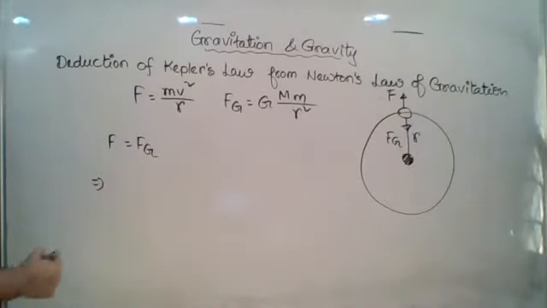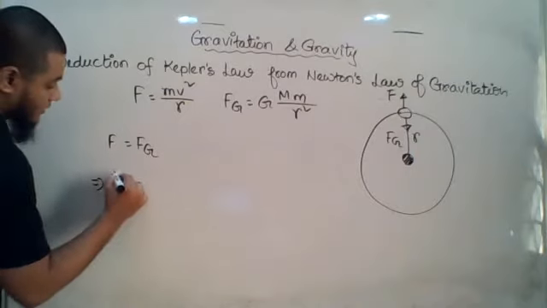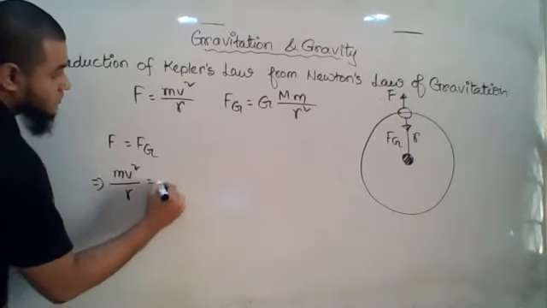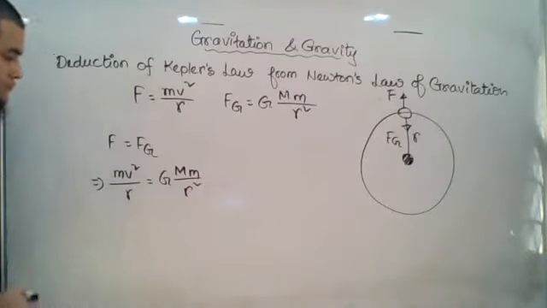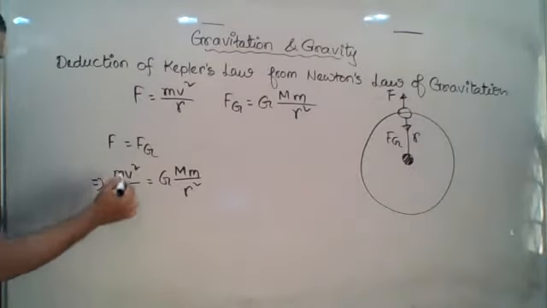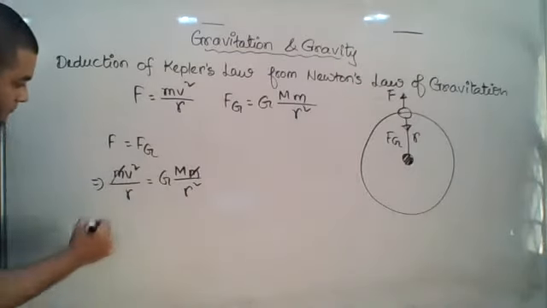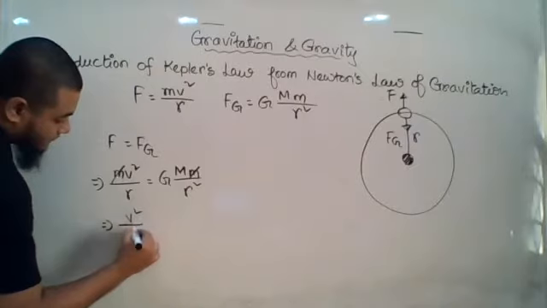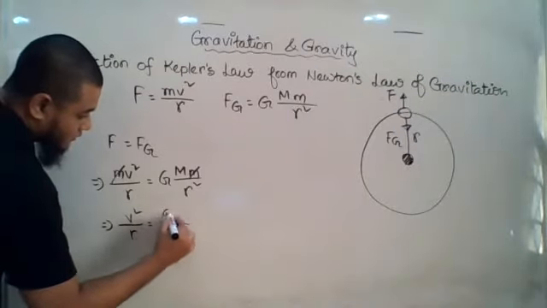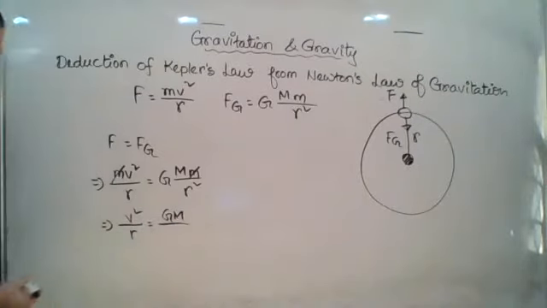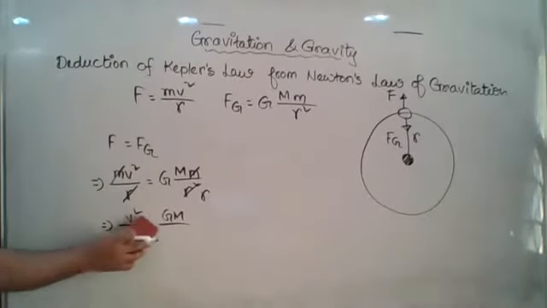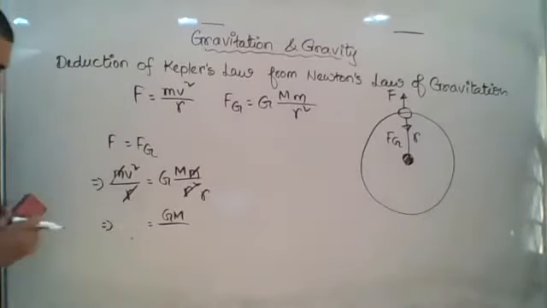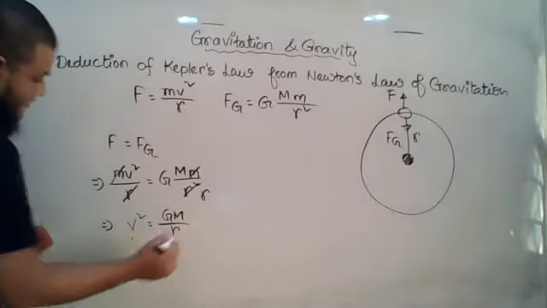From here, mv square by r is equal to G Mm by r square. Primarily we can eliminate m, so it becomes v square by r is equal to GM by r square. We can also eliminate one r: cancelling one r with the other, one r remains. So we can write v square is equal to GM by r.